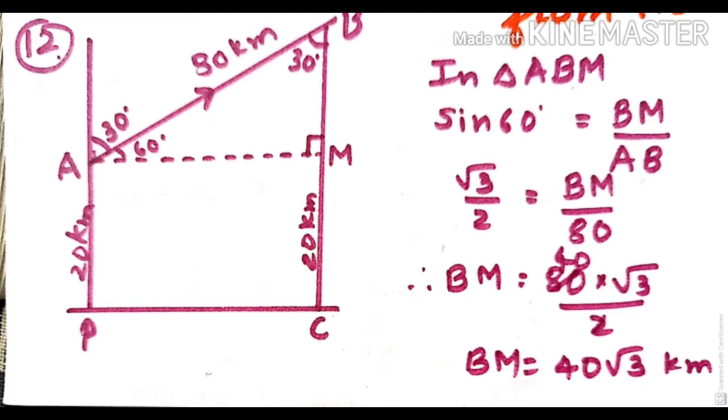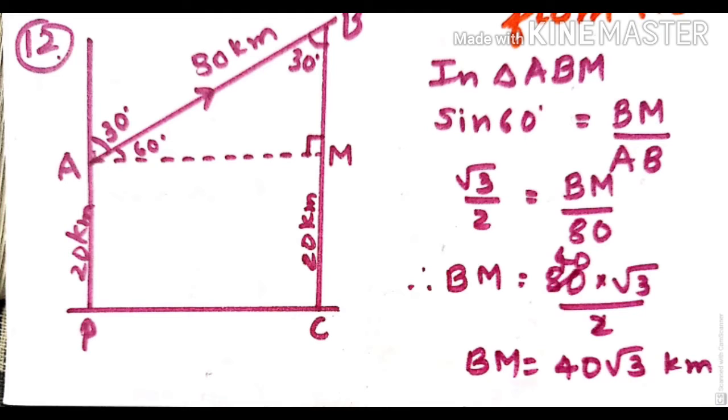I have drawn this in the figure. Now we check in triangle ABM. Students, keep in mind that you want to find the total distance BC. For that, first of all, we need the BM value. First we get BM so that we can find BC total.